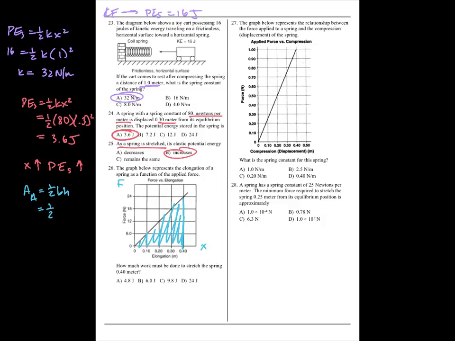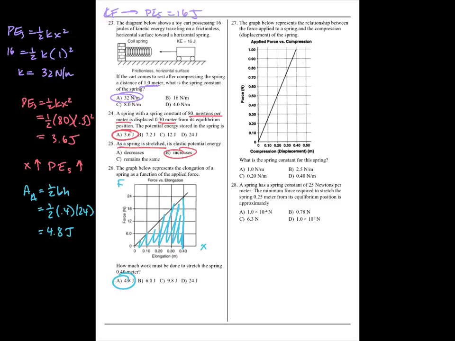So our base here is 0.4. Our height is 24. 0.4, 0.2. You should get 4.8 joules as your answer. That's choice A.